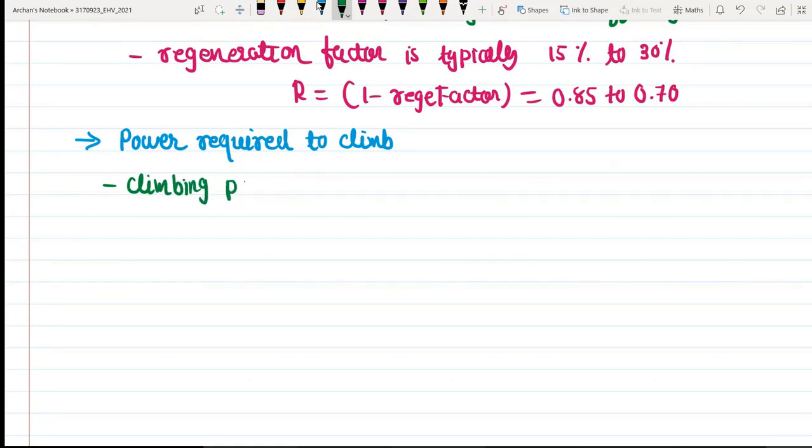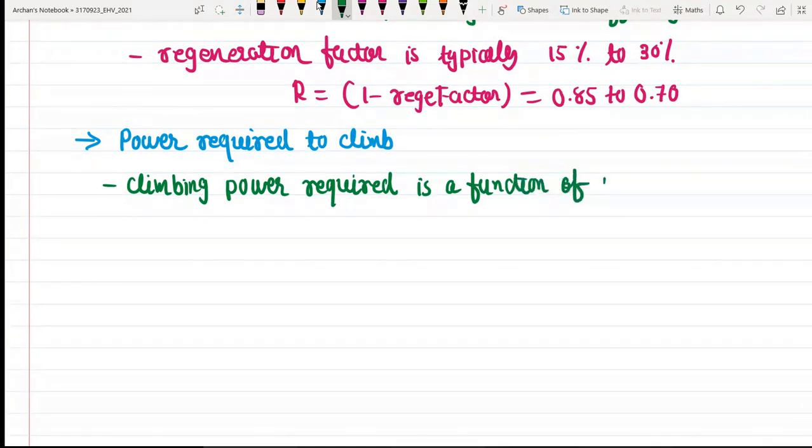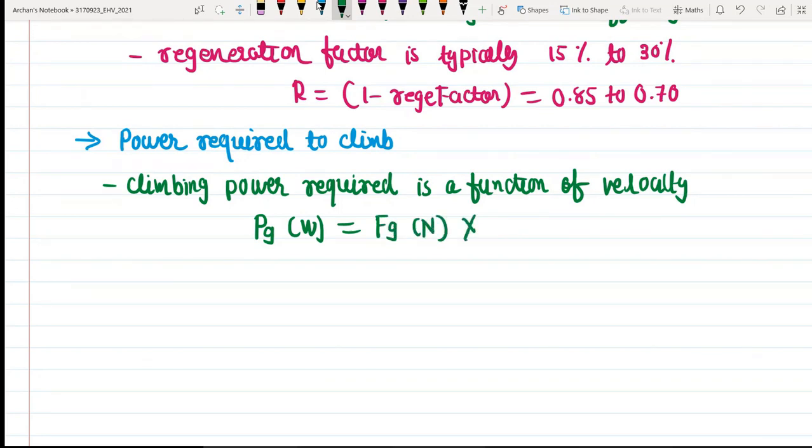The climbing power required is nothing but a function of velocity, right? So say Pg will be equal to Fg into V. Okay, this is the equation.